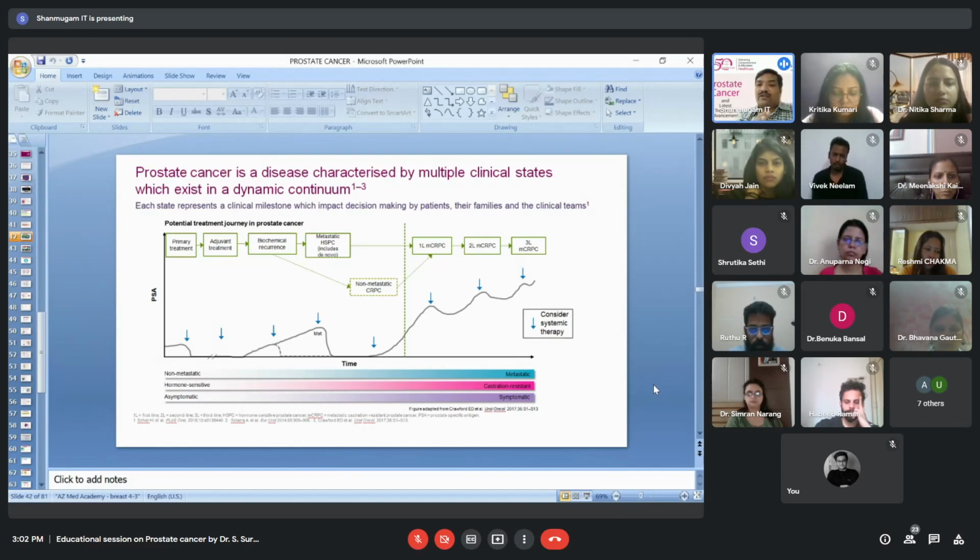They may not respond to our hormone treatment, and then we need to consider systemic treatment with chemotherapy, radiotherapy, radionuclide therapy, or the latest immunotherapy and inhibitors. So this is the continuum of disease, and these are all the treatment possibilities which we can have.